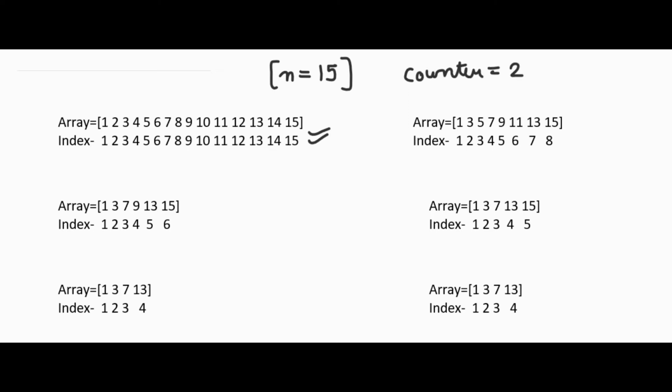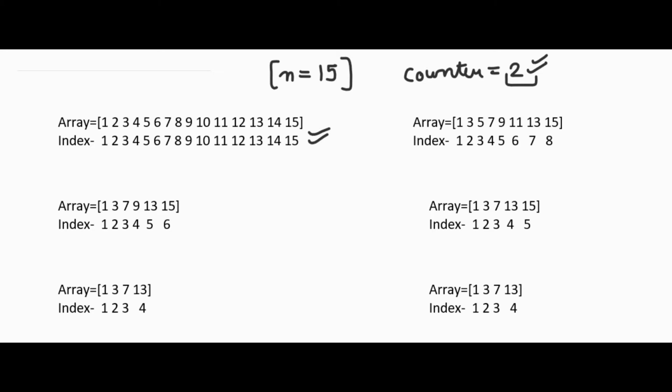Let's take its value as 2. It will represent which numbers have to be deleted in every iteration. That means the numbers whose indexes are divisible by this counter value have to be deleted.